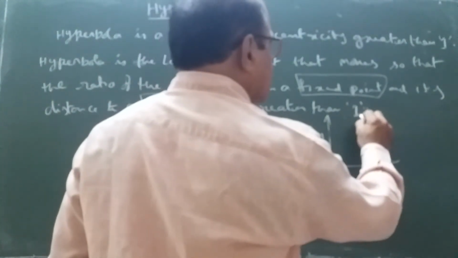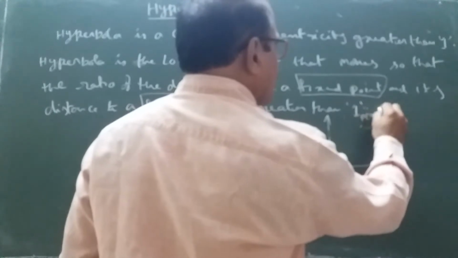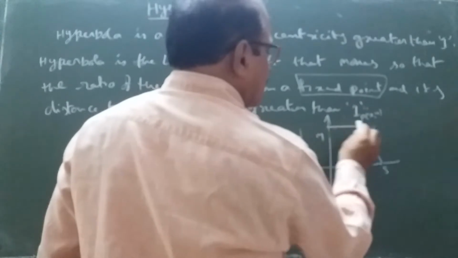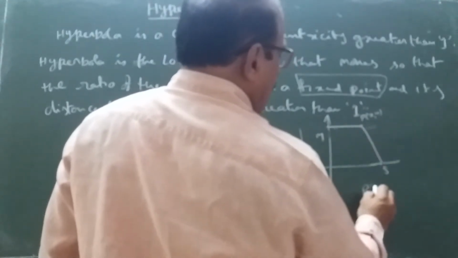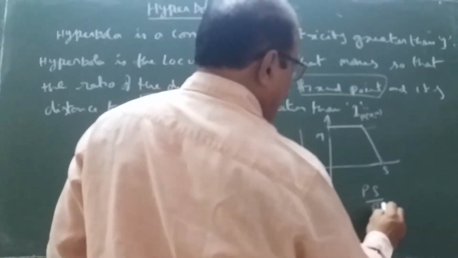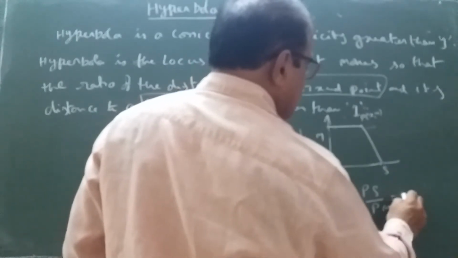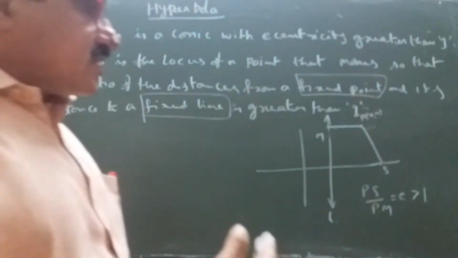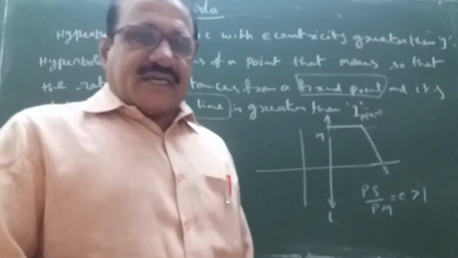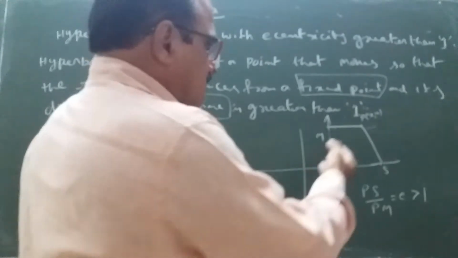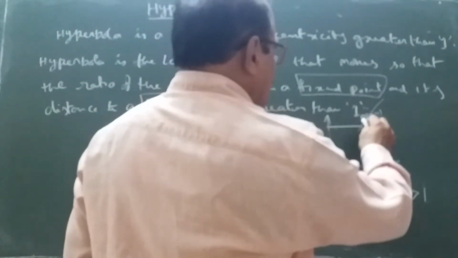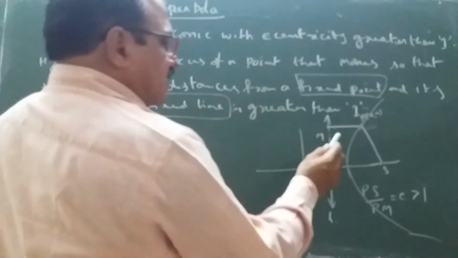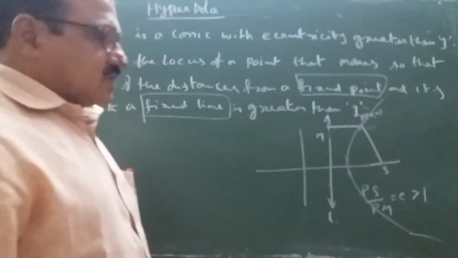Suppose this is the point P(x, y). That means PS by PM is equal to e, the eccentricity, greater than 1. By that condition, the locus that the point will follow is like this. This is called the directrix and this is called the focus.